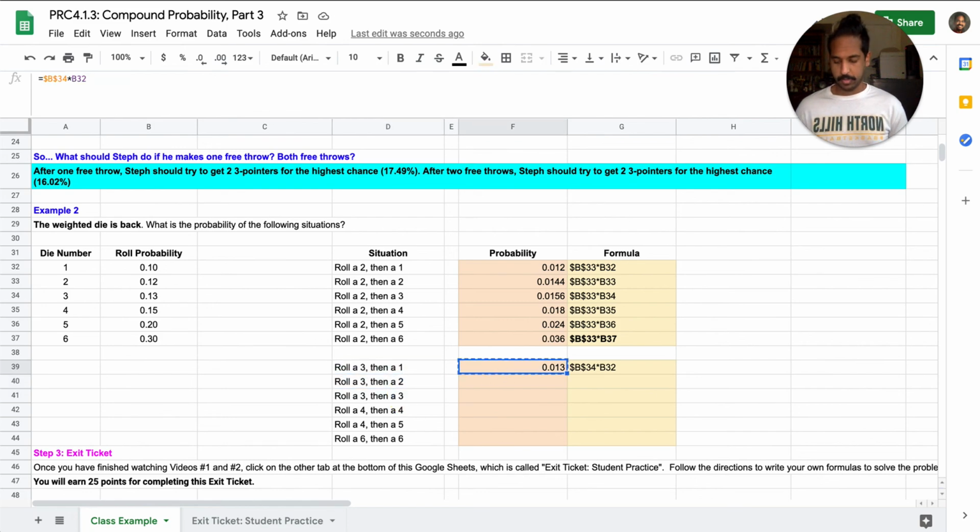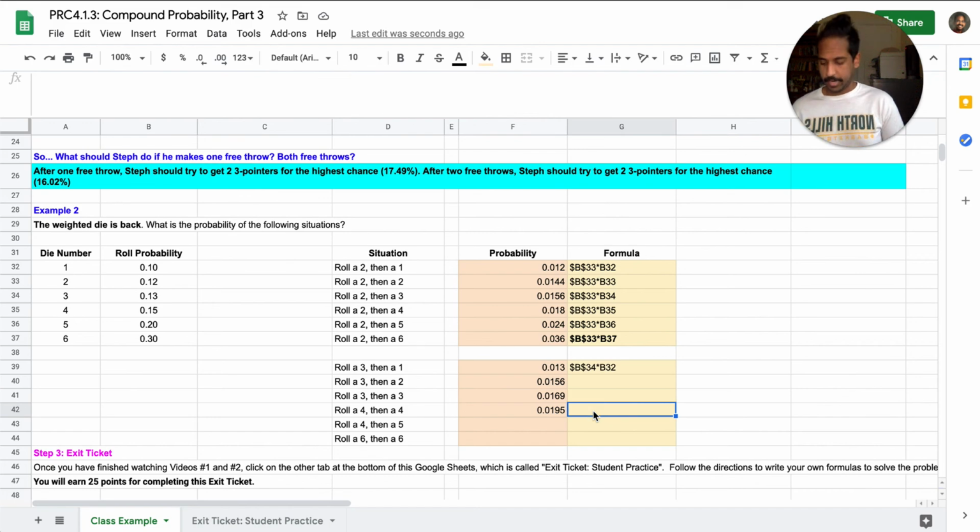Copy, paste, paste. But here, if I paste it again, it's going to stay as B34, which is the probability for a 3. But I don't want a 3 first. I want a 4. So I should change this one, and instead, it should be B35 instead of B34. And then here, it should be B35 times B35.